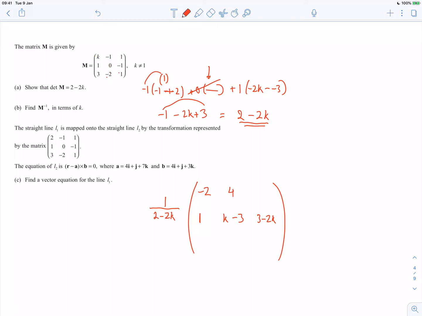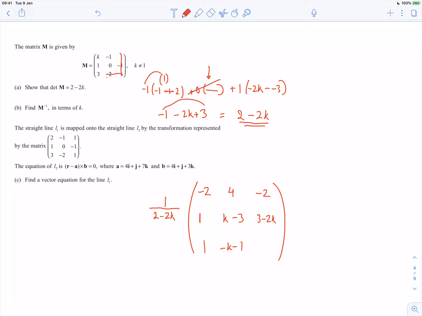And then for this one, I've got a 1 times -2, which is -2, minus a 3 times 0, so that's a -2. Then for the 3, I'm going to have a -1 times -1, which is a 1, minus a 0, so that's a 1. And then I'm going to have, from that one, k times -1, which is a -k minus 1, so it's -k minus 1.